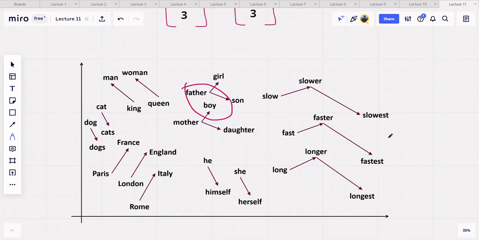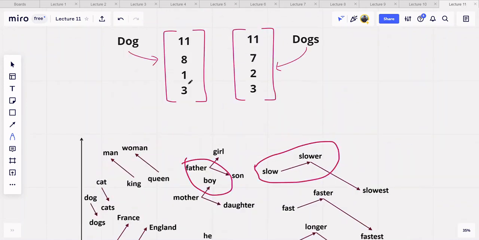Then there is fast, and then slow and slower. Slow and slower are again very similar to each other, so we aim to have their vectors have similar values.